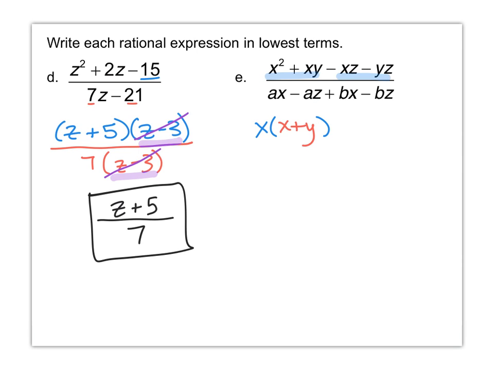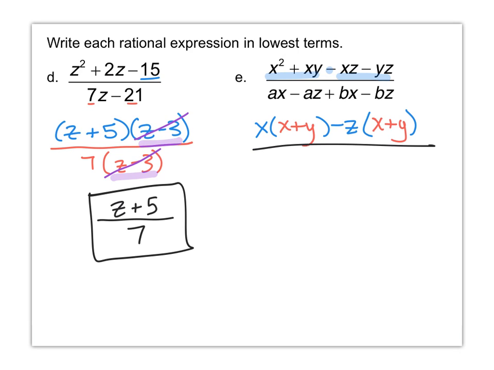Now let's look at the last 2 terms in the numerator. The greatest common factor here, both terms have the z, and because that's a minus sign here, we can factor out a minus z. And the remaining factor, when dividing out that negative z, is going to be x plus y. The denominator can be factored as well.